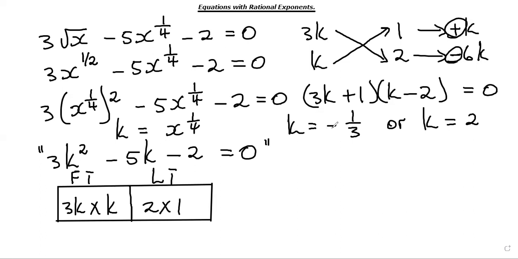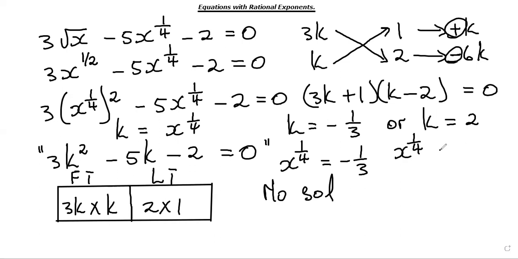But what is k? We said k is x to the quarter, which is equal to negative third. So once again, there is no solution for this one. But if we go to the last part, we still have x to the quarter, which is equal to 2.